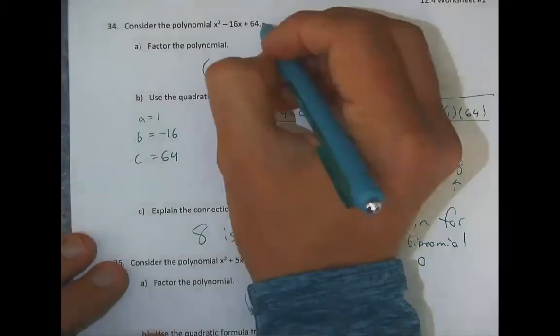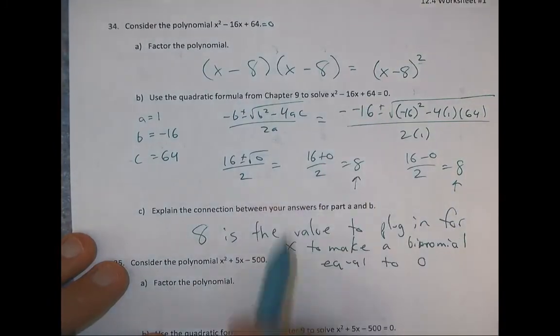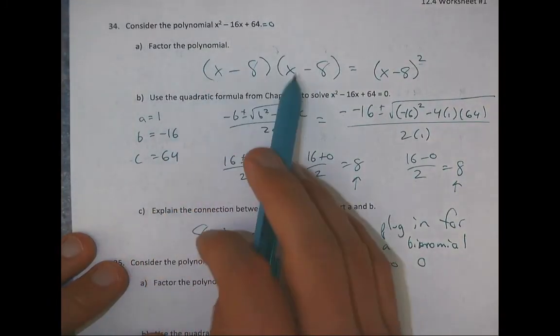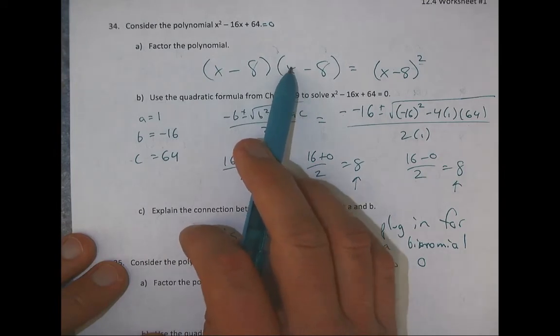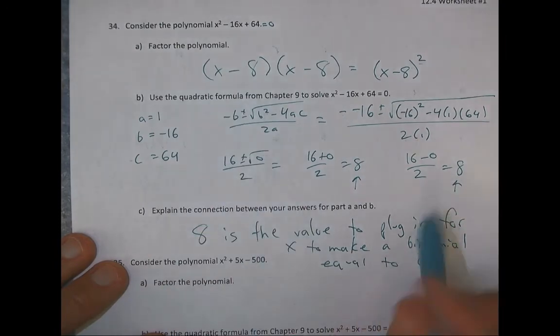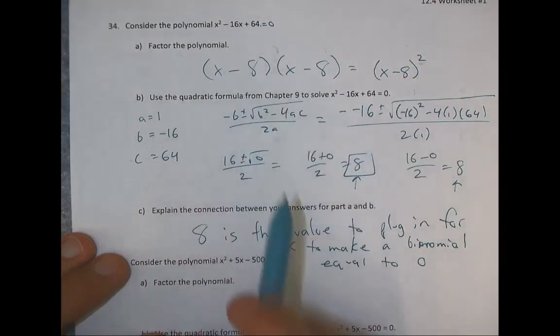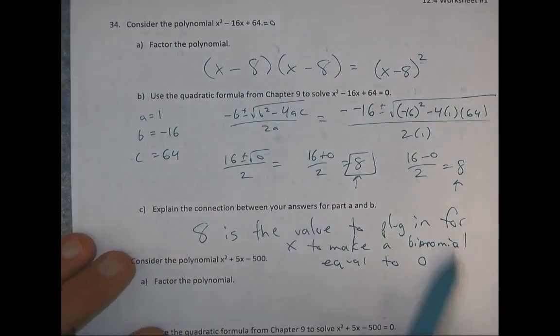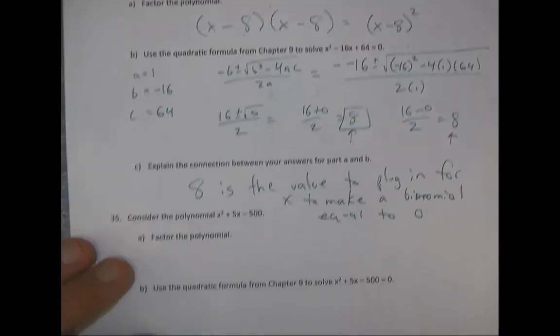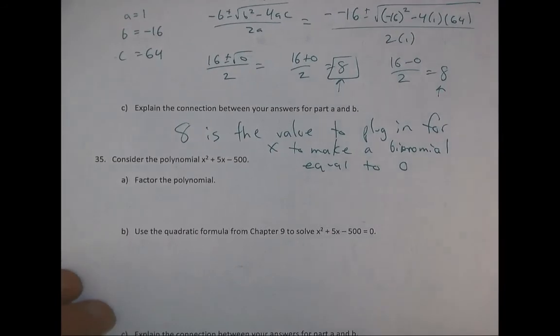So if this whole thing was set equal to 0 like it was here, I can factor it to this. It equals 0, and so I have to figure out what number goes in for x to make this equal to 0. So it would be 8. Has to be 8, because 8 minus 8 creates a 0 in both of them. And so you don't have to list it twice. That is the only answer. It's just 8.